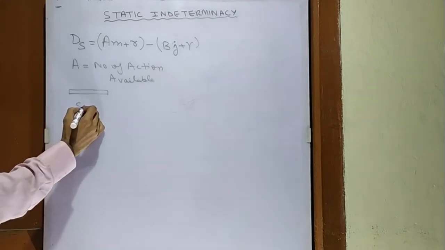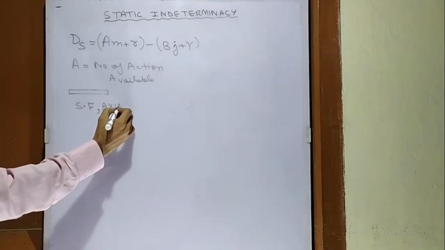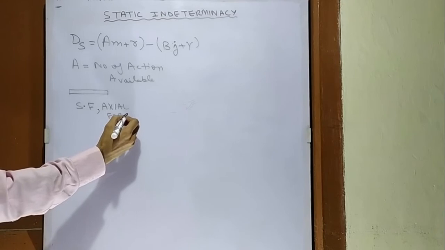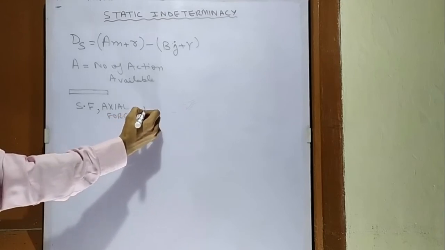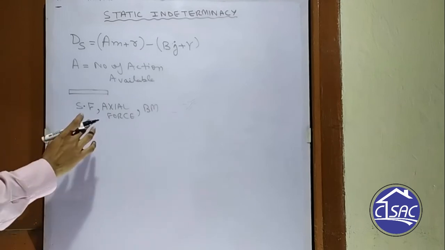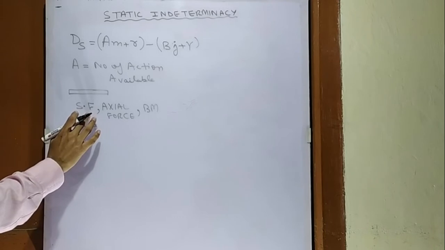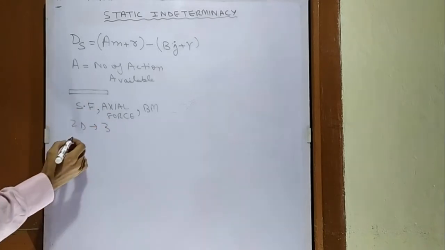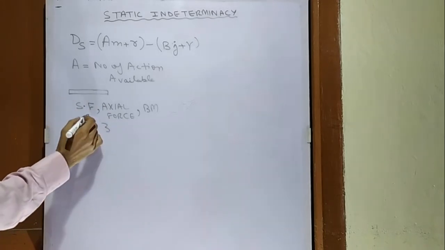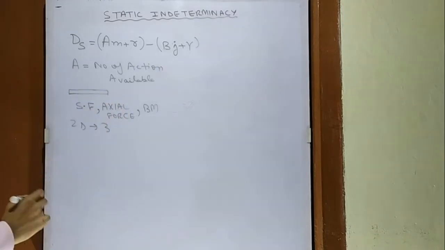This beam can have shear force, this beam can have axial force, and this beam can have bending moment. So for a 2D beam, how many actions are there? There are 3 actions. This is the case of a 2D beam.